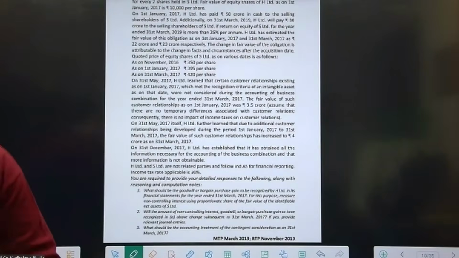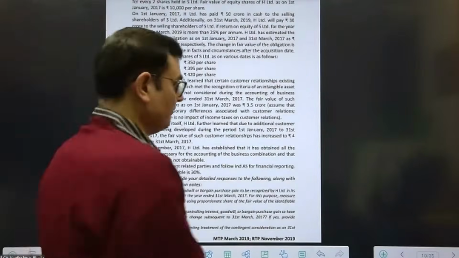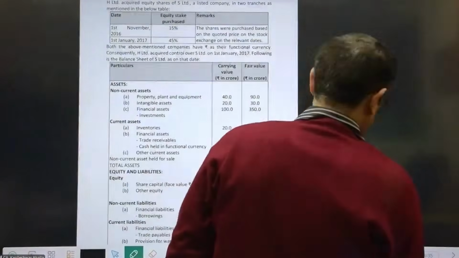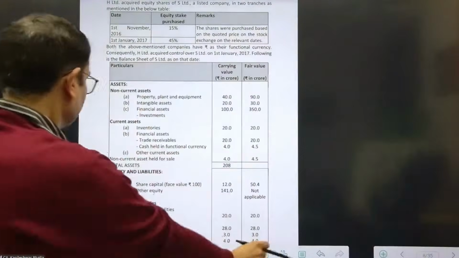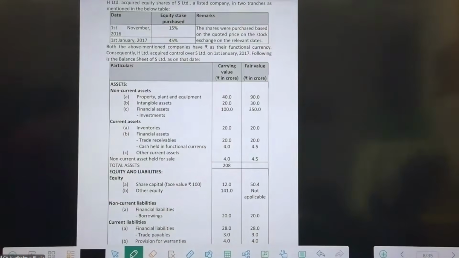I'm just going to keep the question in front of me as well, because we need to read a lot of data and gather. So this is in the study material. Let's start reading the inputs given in this particular case. I'm just going to read the inputs. As we read along the inputs, we'll keep looking at this as well.